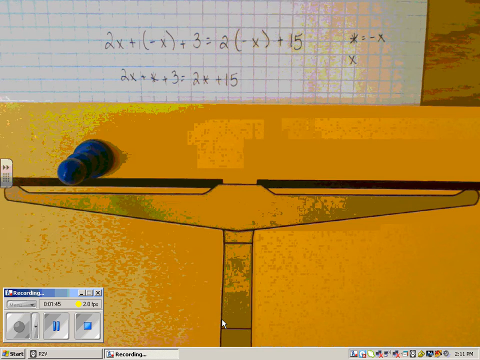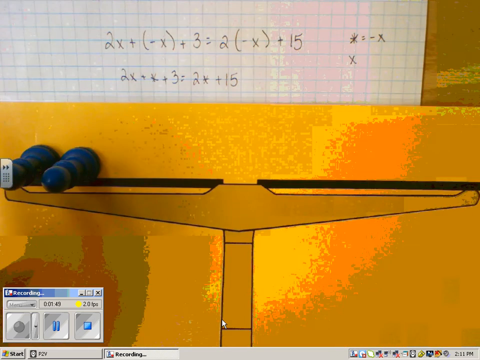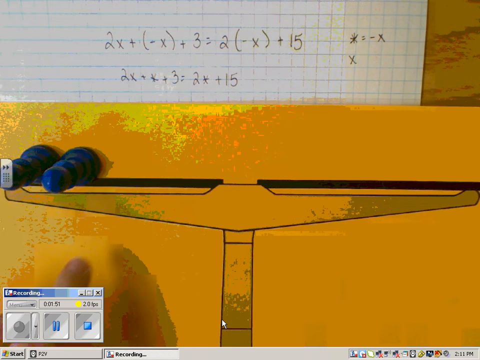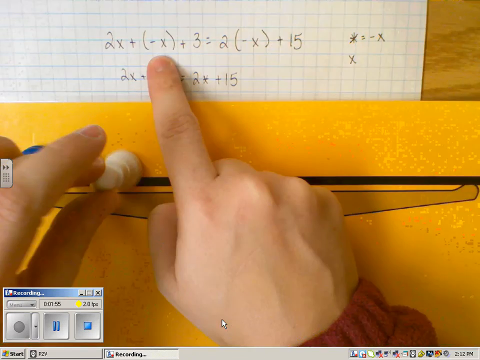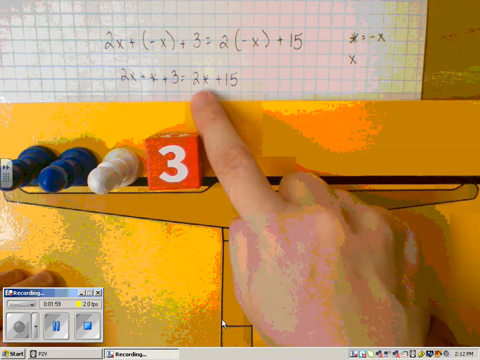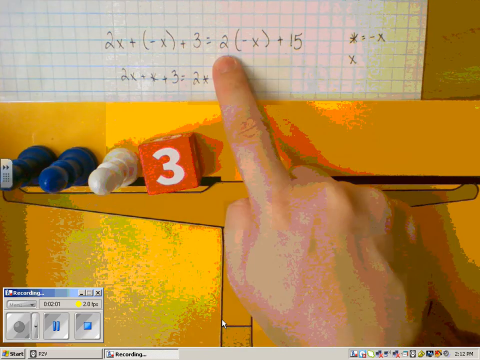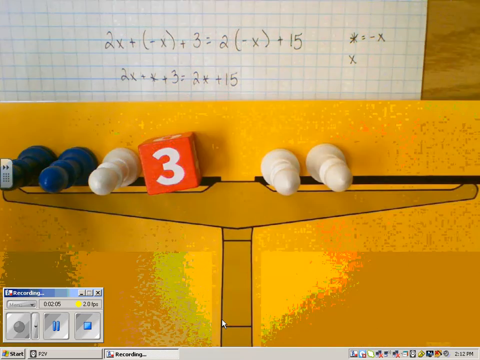And then I can just set it up on the scale and solve it just like I would have before. So 2x plus a star, or plus a negative x, plus 3 equals 2 star, or 2 negative x, plus 15.